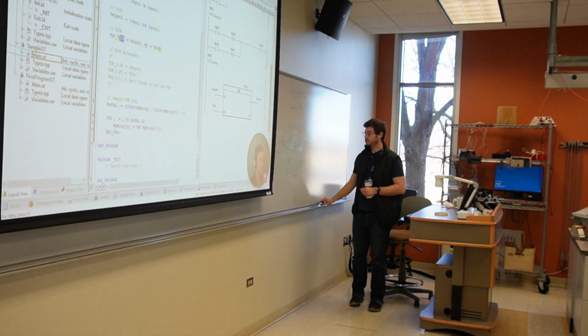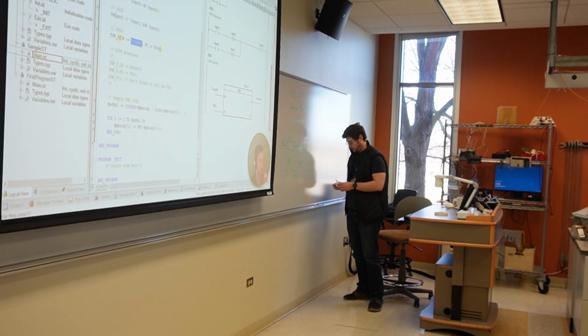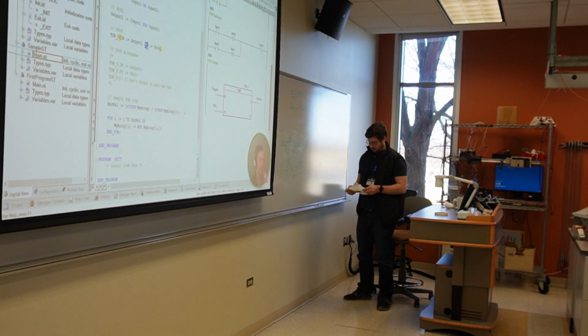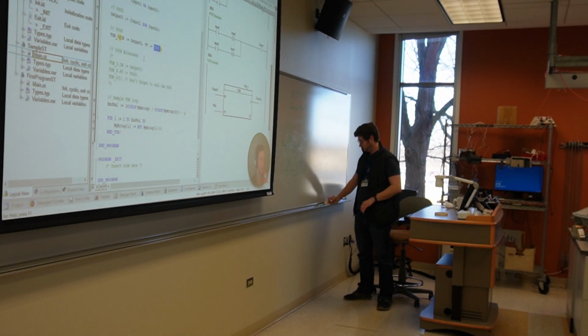One is IN and one is PT. So IN tells us when to start the timer, so we're going to assign that to output 5. And PT is the elapsed time before we want the output of the timer block to go true. So in this case, we're going to say 3 seconds. This is the structured text literal for time. So T, capital T, hash 3S would be 3 seconds.